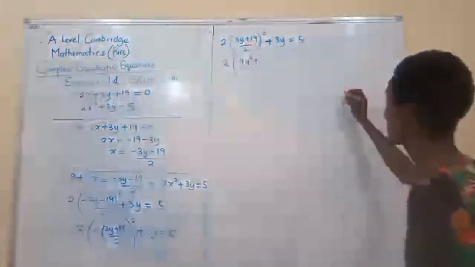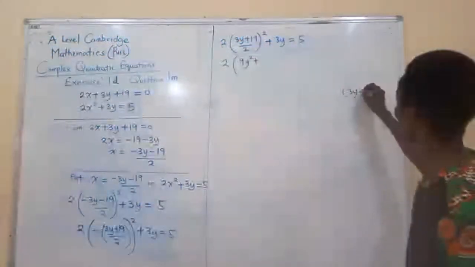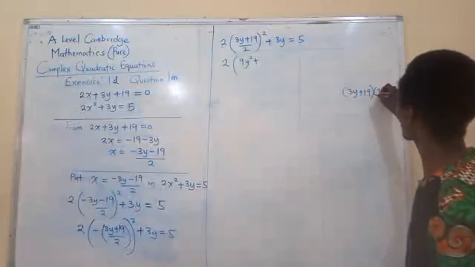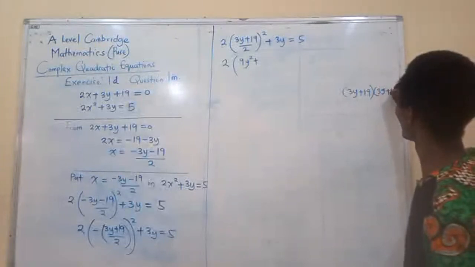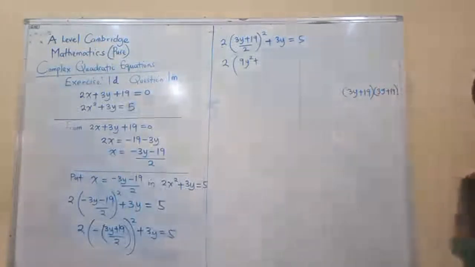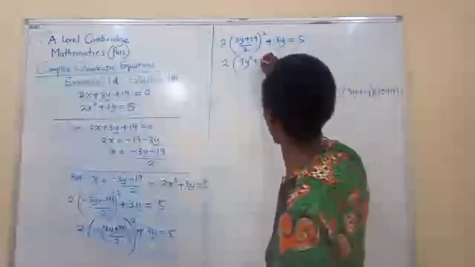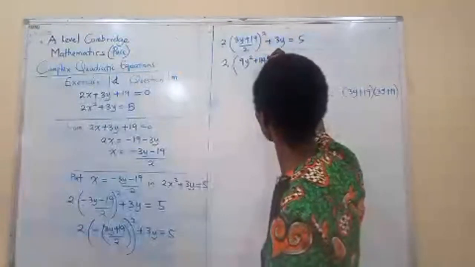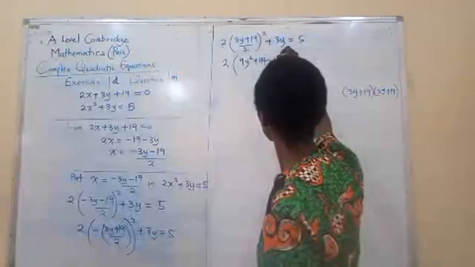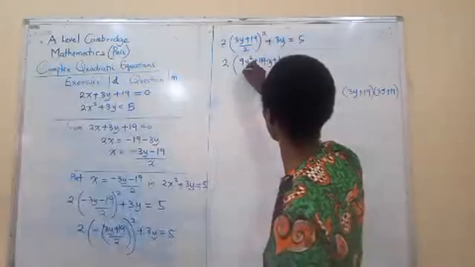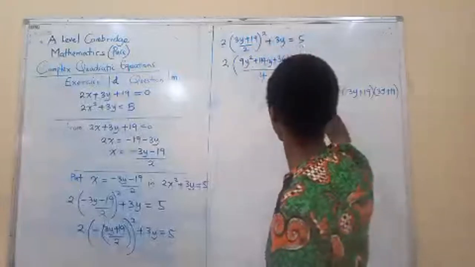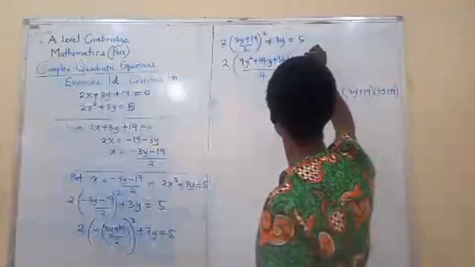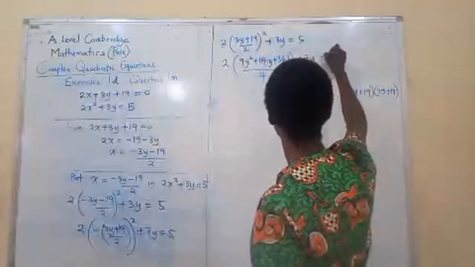Now, let's have a mirror of what I'm thinking in my head. Now look at this so that you see what I'm thinking in my head. So plus, this will be 114y plus 361, divided by 4, plus 3y equal to 5.